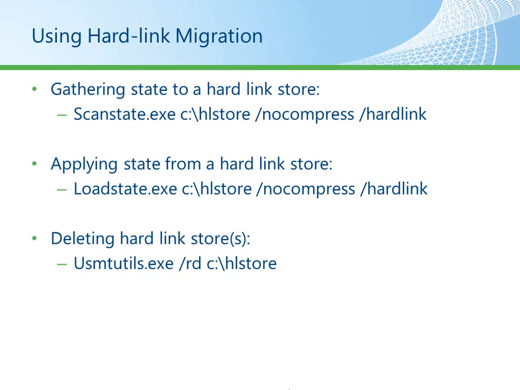And there's a USMTutils.exe utility that comes with the USMT 4.0, and I talked about this earlier. You can see the command that you would use in your script here to remove that store is USMTutils.exe space /rd to remove the directory, space, and then the directory, in my case C:\HL store.